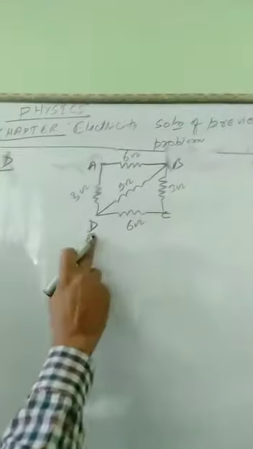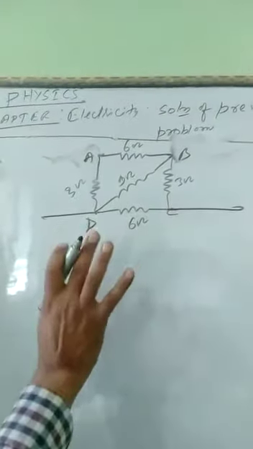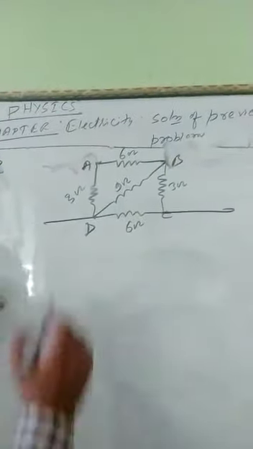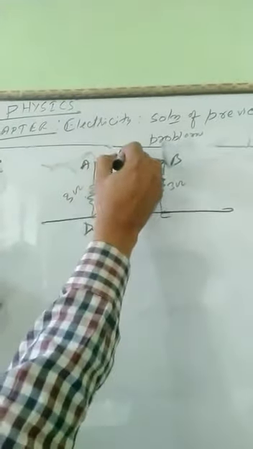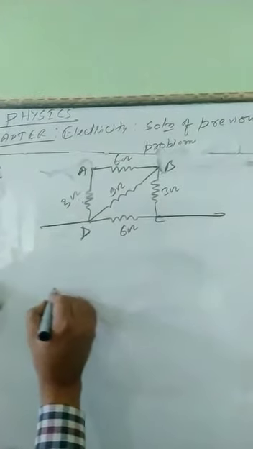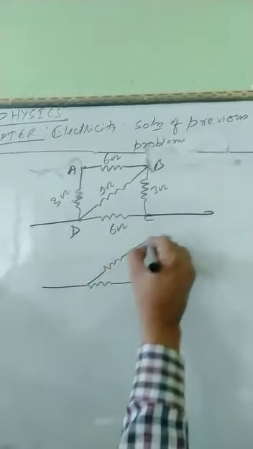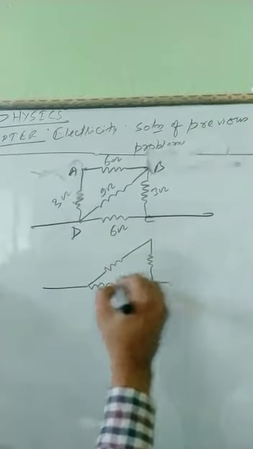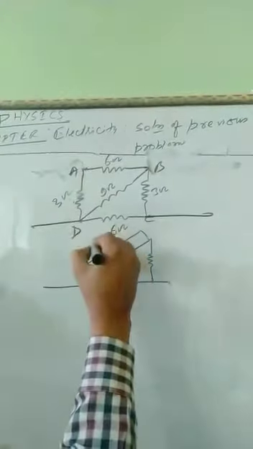Now this is the third question, in which you have to find the equivalent resistance between C and D. First of all, find where C is and where D is. Now elongate this wire, C and D, and this is your figure, and you have to do the calculation. 6 plus 3, both of these are in series, therefore it will be 9, and now your figure will be 6 plus 3, 9 ohm.